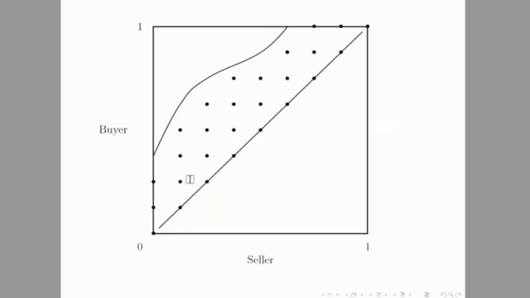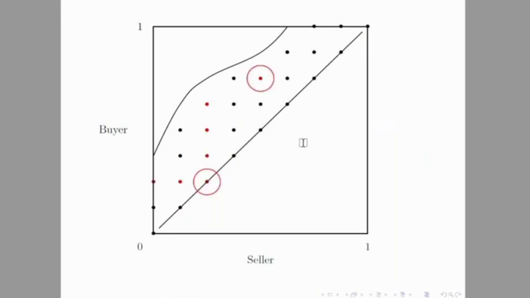So how can we commit to not continue trading, even if we know that there is a mutually beneficial trade waiting to be materialized in those dots? How can we commit not to trade there?